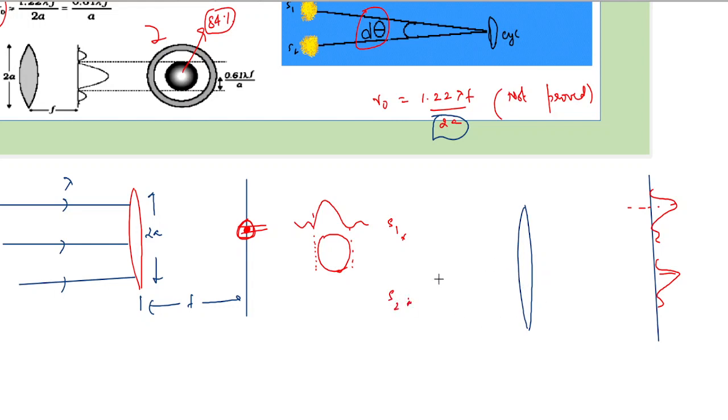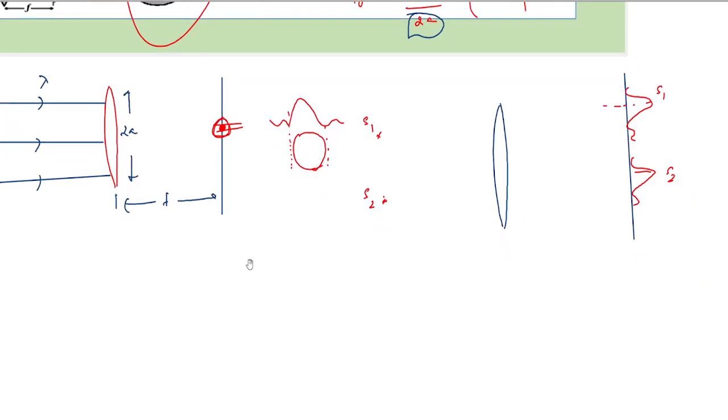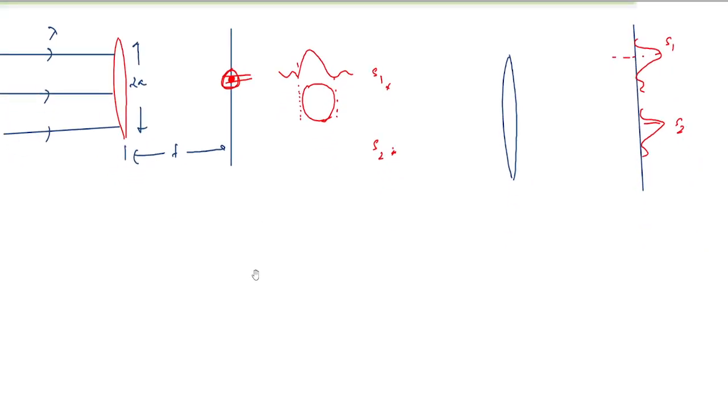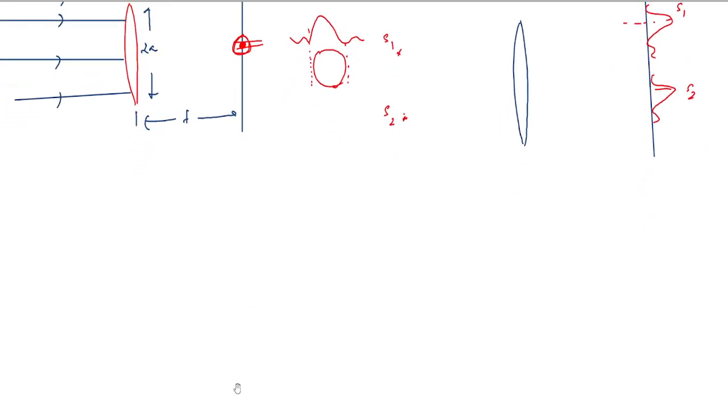For the sake of understanding, they are drawn closer, but they're very far away. Then each will have its own pattern. The idea here is we won't get point objects, rather we get a pattern as seen here. So this would be the pattern because of S1, and this would be the pattern because of S2. Each of them will have its own pattern. In this case, it is very obvious that S1 and S2 are seen as two different objects.